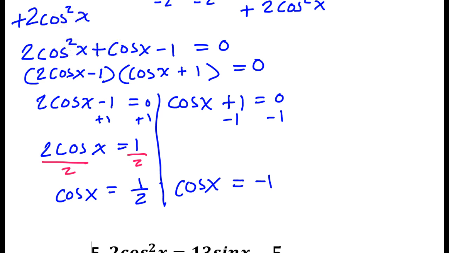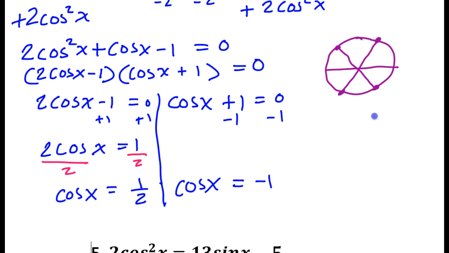Let's see, how do I want to do this? Since I have a reference angle of pi over 3, I'm going to draw pi over 3. So here's what pi over 3 looks like. The top half is pi, so that means each one of these slices is pi over 3. These 4 angles will have a cosine of 1/2, except 2 of them are positive and 2 of them are negative.